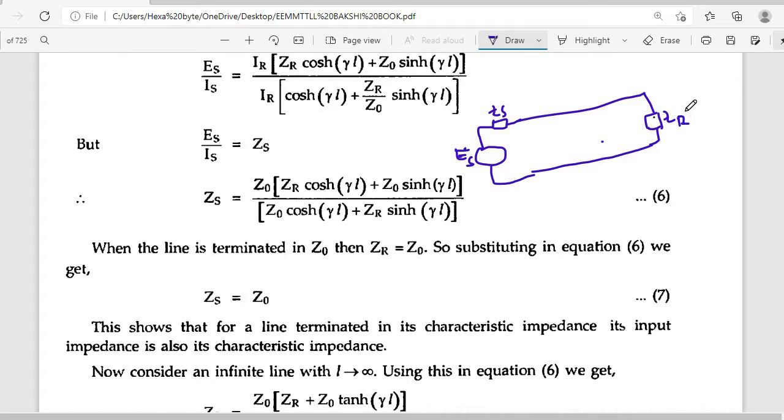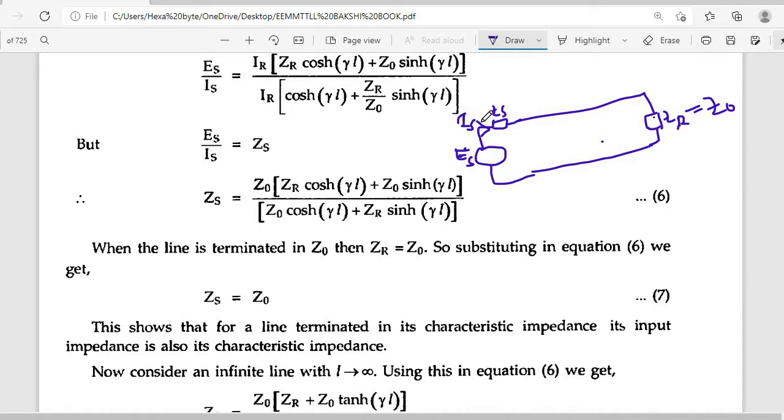You see, ZR is equal to Z0, the receiving impedance or terminated impedance. ZR means receiving, S means source or sending side impedance. So the current is IS.